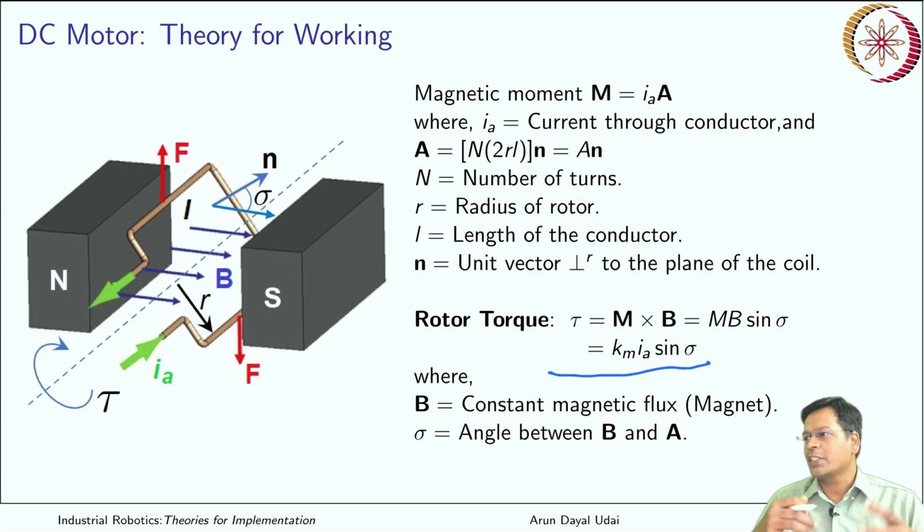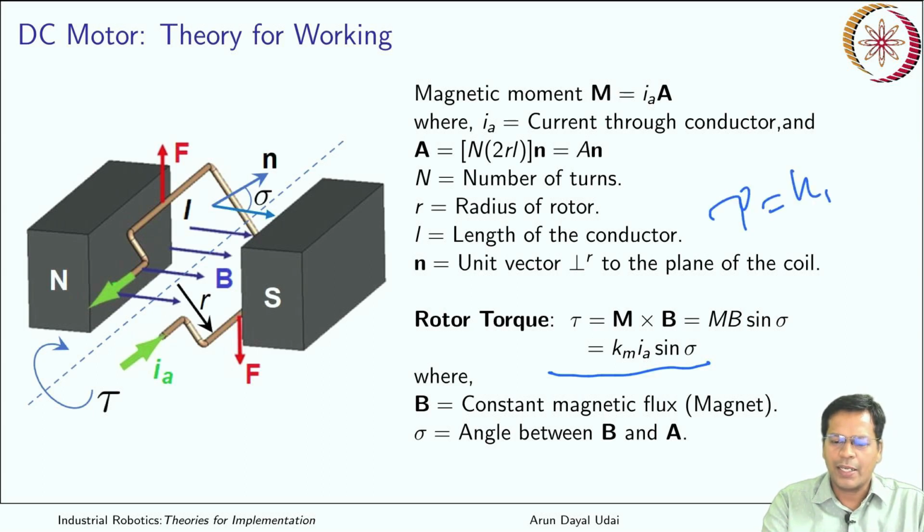So one of the sigma becomes 0, the other sigma is entering, leaving, and it becomes 90 degree. So you see, by increasing the number of poles, you can make this torque almost constant. Effectively, tau is equal to Km into Ia.